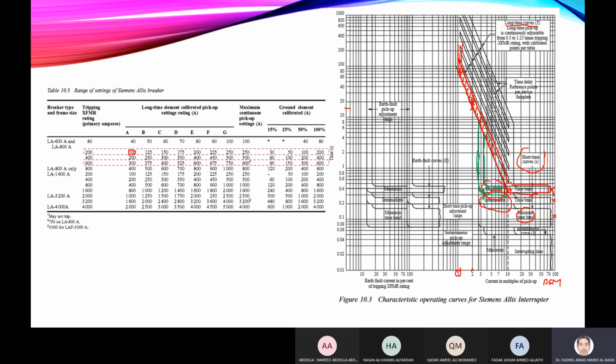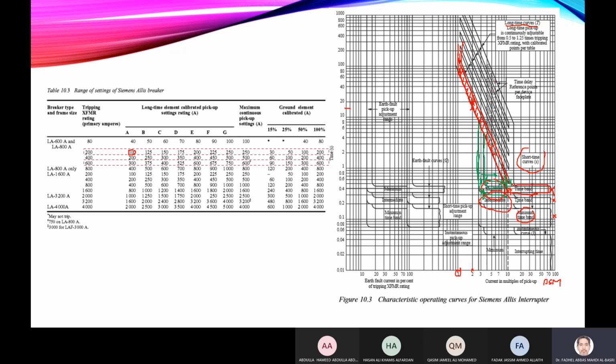I change the pickup setting up to here for the short time curves. This is the time pickup setting for the short time curves. I can shift this curve from minimum here up to maximum here.